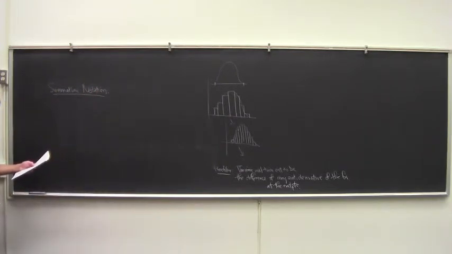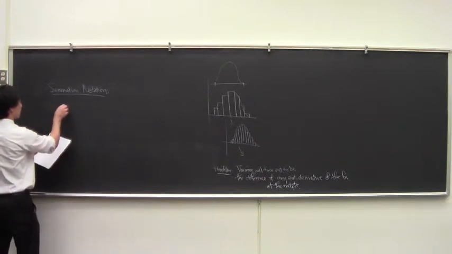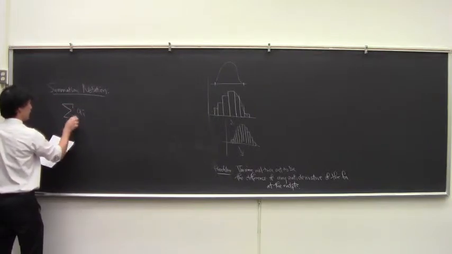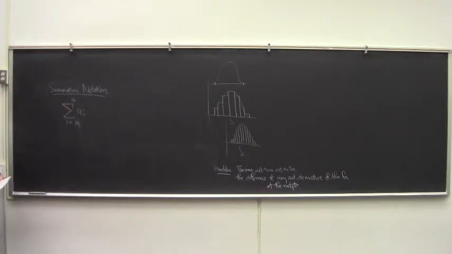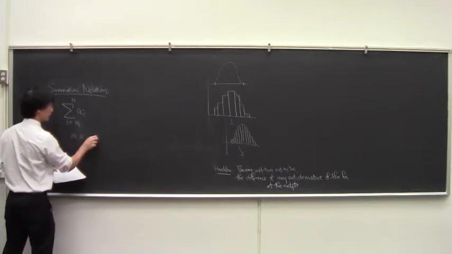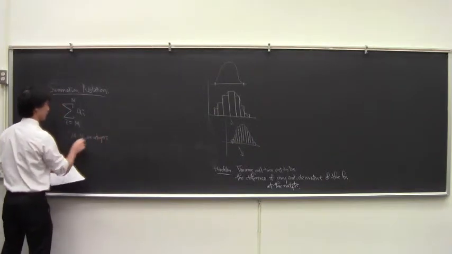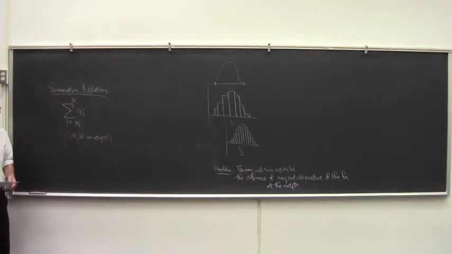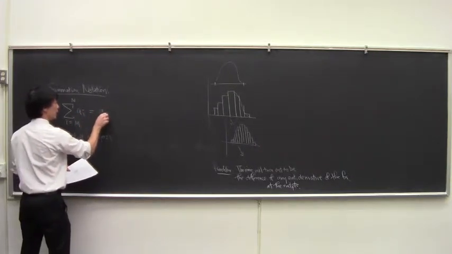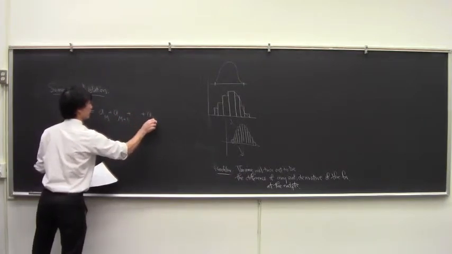So if I write something like the sum of a sub i, i equals m to n, where m and n are integers, what I mean by that is that this is the sum a sub m plus a sub m plus 1 plus up to a sub n.